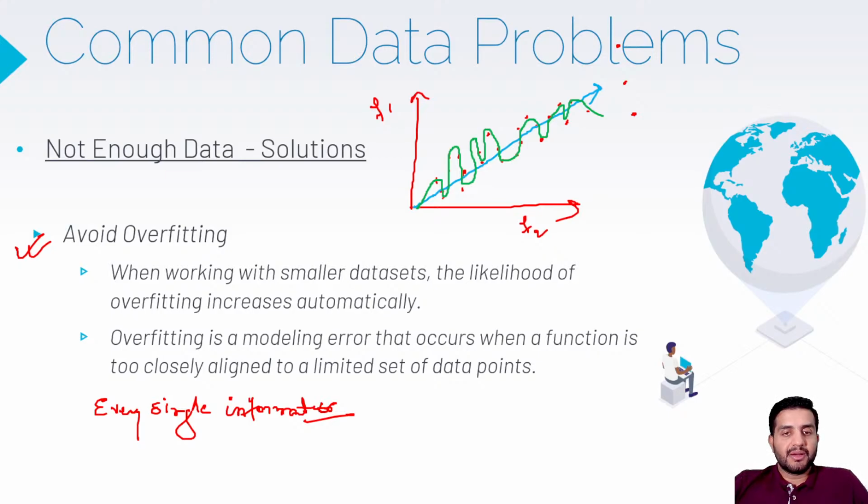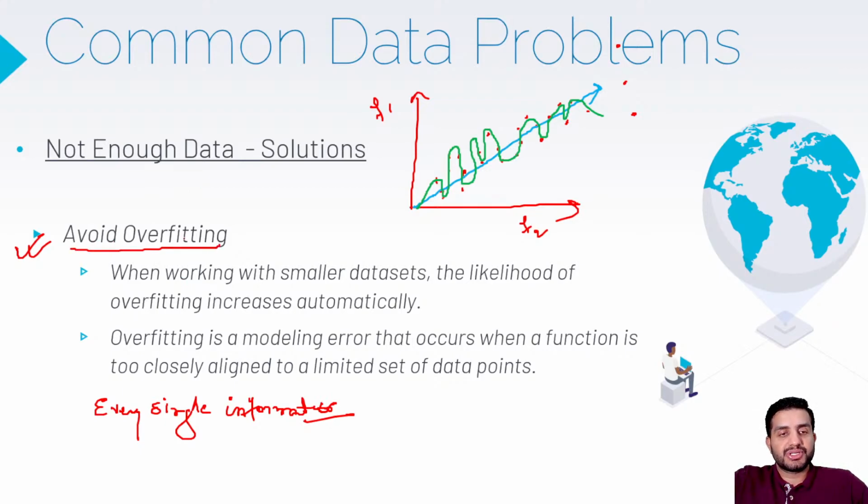Rather, we become too rigid and stringent to capture every single piece of information, which eventually might be good for training time. But the moment you test it on some newer data set, that is where it will fall drastically.